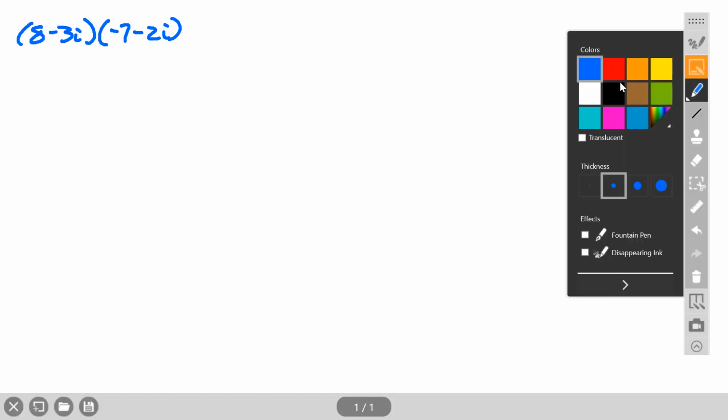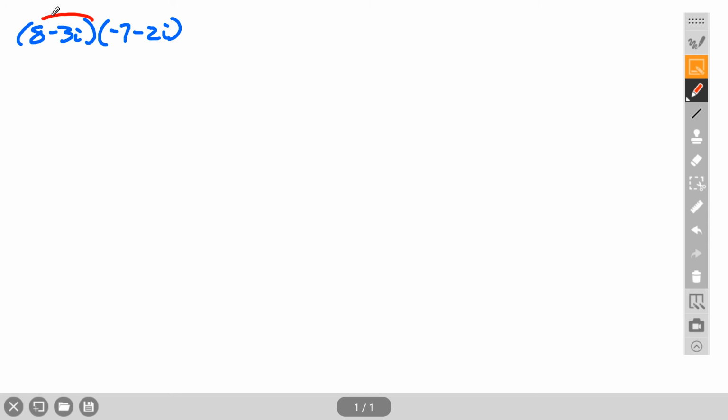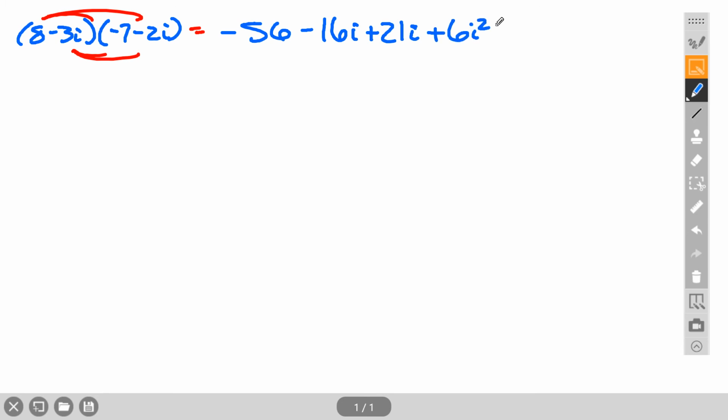So we will use the distributive property like we did before. 8 times negative 7, negative 56. 8 times negative 2i, negative 16i. Negative 3i times negative 7 is positive 21i. And negative 3i times negative 2i is positive 6i squared. But remember, this i squared is negative 1. So this is 6 times negative 1, which is just negative 6.